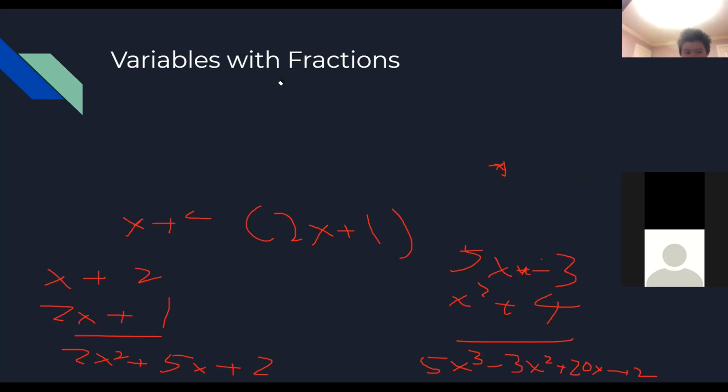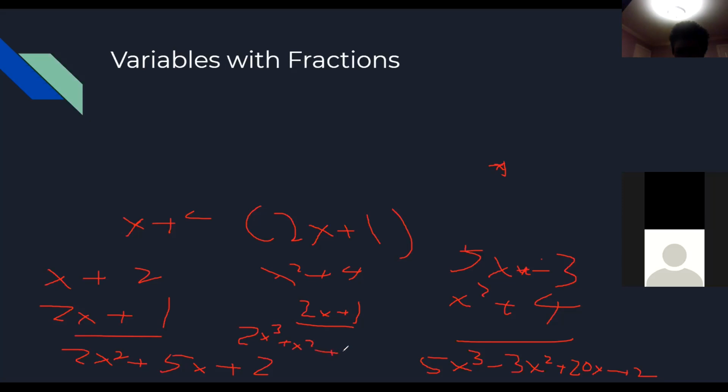And we have to multiply x squared plus 4 over 2x plus 1 to get 2x cubed plus x squared plus 8x plus 1.